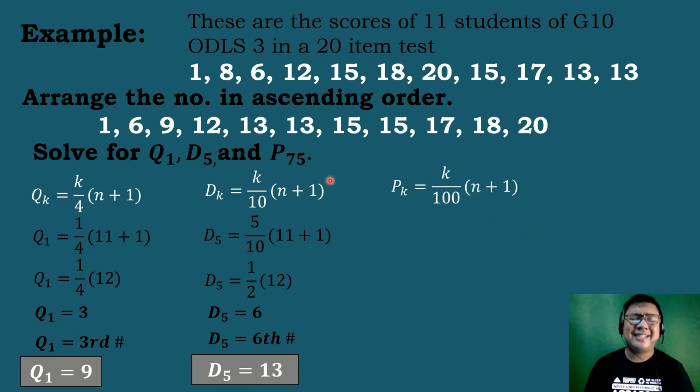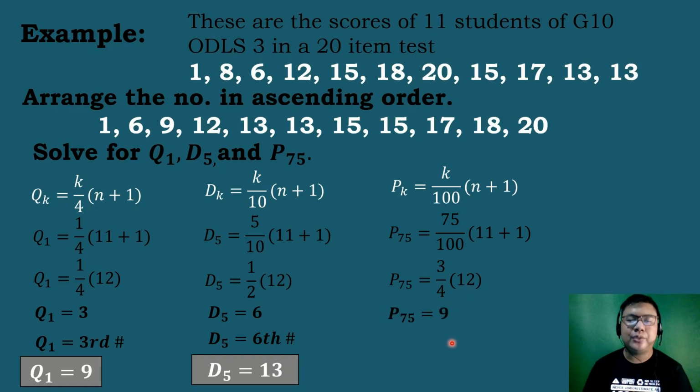And then let's try to compute for the value of P75 this time using this formula. Substitute the value of k, which is equal to 75, and the value of n again is equal to 11. And then 11 plus 1 is equal to 12. Lowest term of 75 over 100 is equal to 3/4. 3 times 12 is equal to 36 divided by 4 is equal to 9.